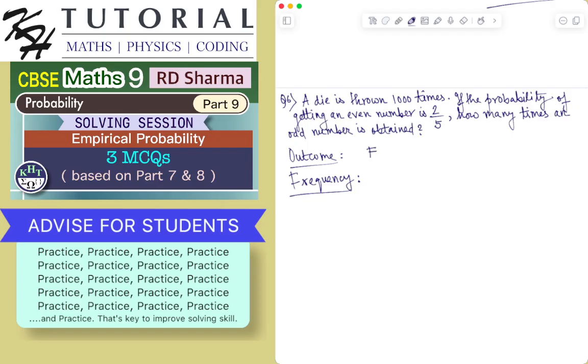So let's say E means that in a single throw, the die showed up an even number, and O means that in a single throw, that is in a single trial, the die showed up an odd number.